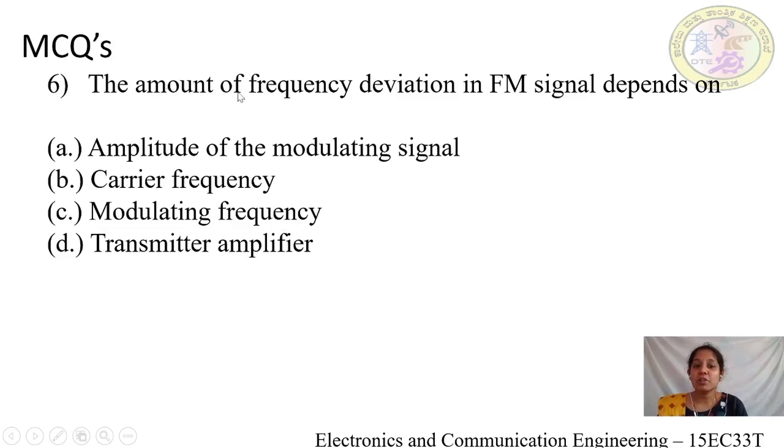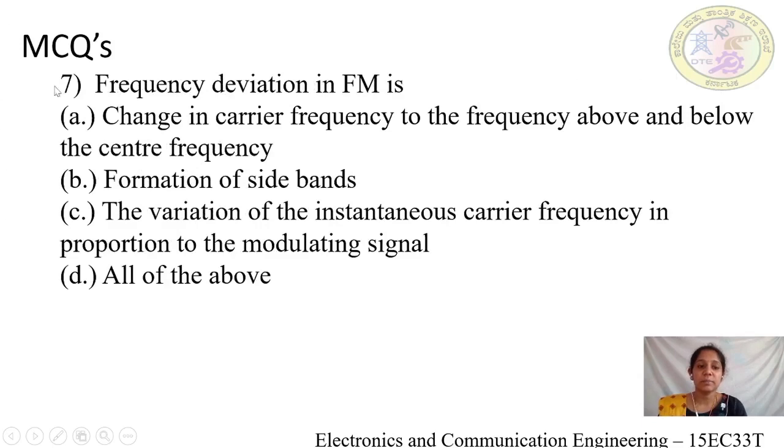The amount of frequency deviation in the FM signal depends on, yes, it is amplitude of the modulating signal. So according to the amplitude of the modulating signal, frequency deviation will occur. That is option A is the correct answer.